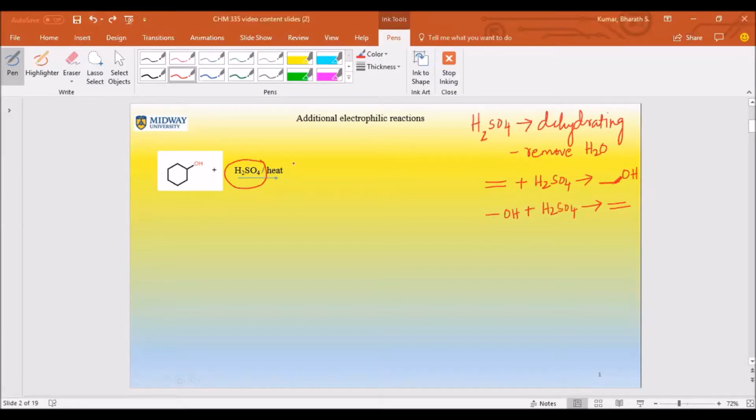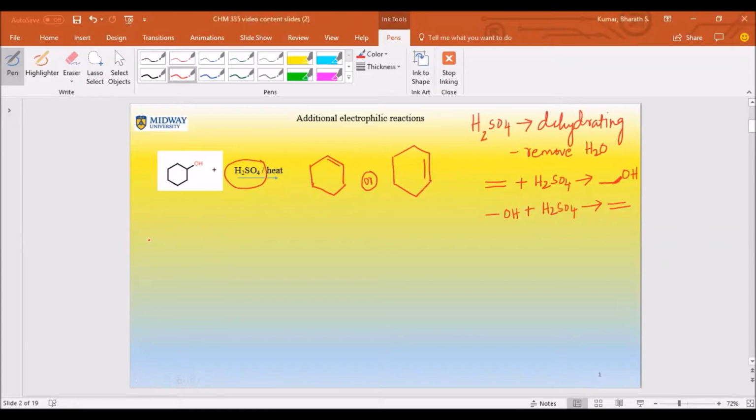Now, let me write the product first, which is basically you remove the OH and the hydrogen from one of the beta positions. So technically, you can have a double bond here, or I'll show you a double bond here. These are the two products possible.